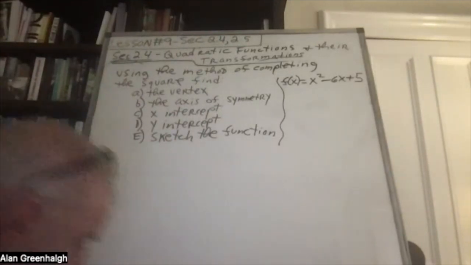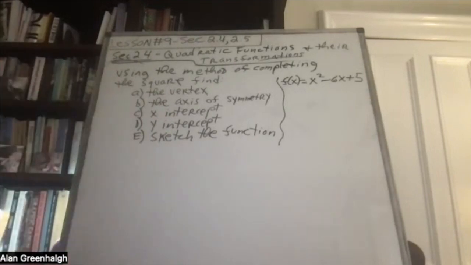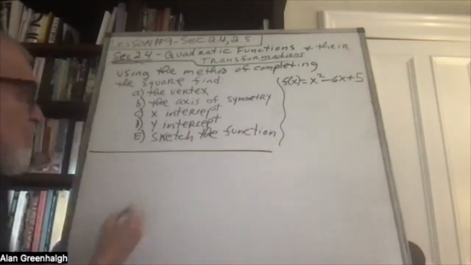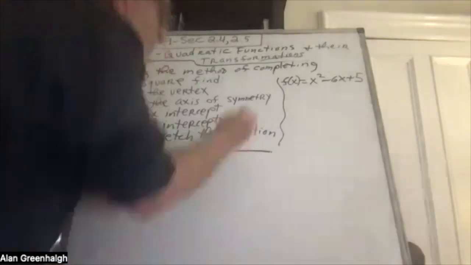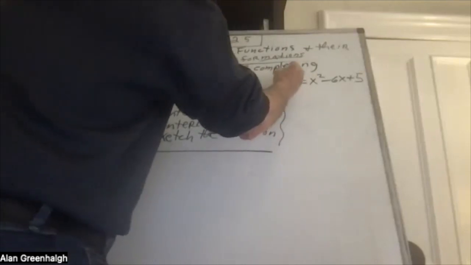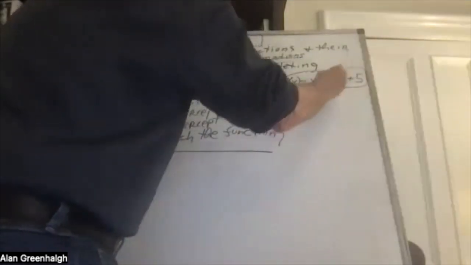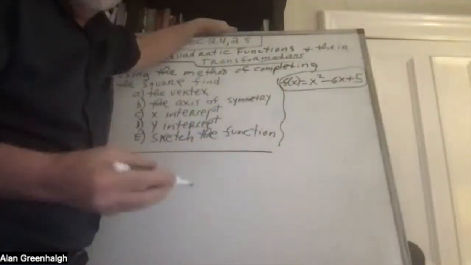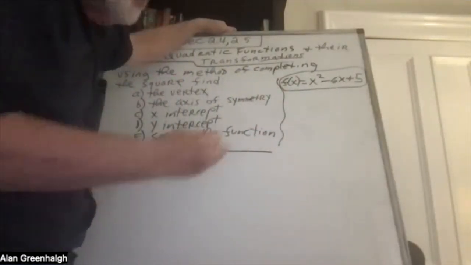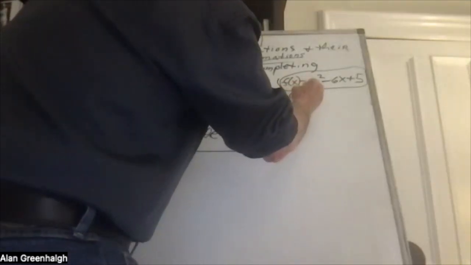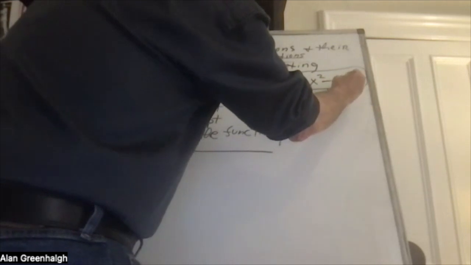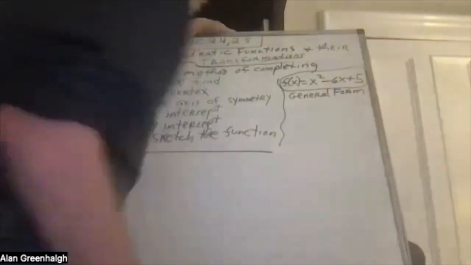Just one thing. There is a difference between these two expressions. This is the equation, obviously, in a different form from the equation that we're going to now be putting it in using completing the square. This is called the general form of a quadratic equation.